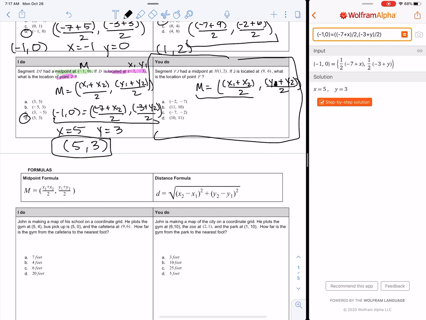If you were to fill out this equation, what would it be? Very good. It would be 1, 2 equals (9 plus x2) over 2, comma, (6 plus y2) over 2. Then plug that all into Wolfram Alpha, and what do you get?